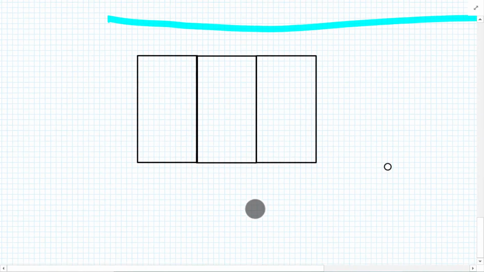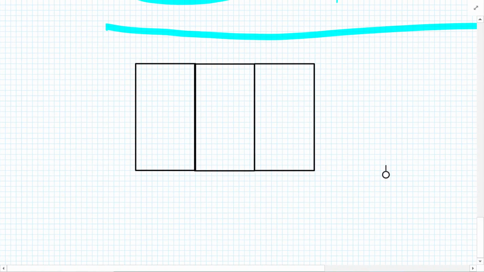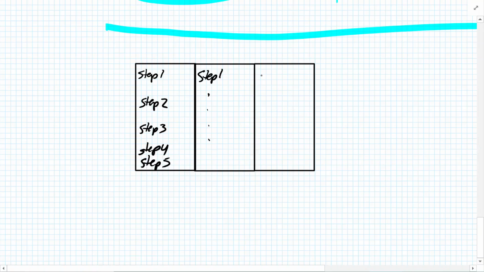And I said, I think I wrote step 1 here, step 2, step 3, step 4, and step 5. And I did that for each one, right? Well, the reality is, that's just to help you remember that there's 5 steps involved in this problem.